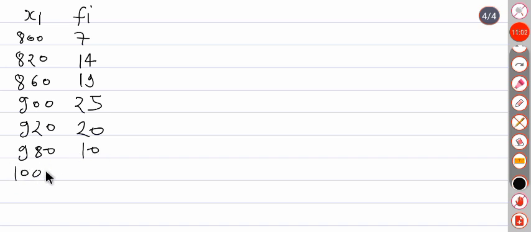Finally 1000 has frequency 5. You can see that the observation values are 800 or more, so the computation would be very tedious and time consuming.